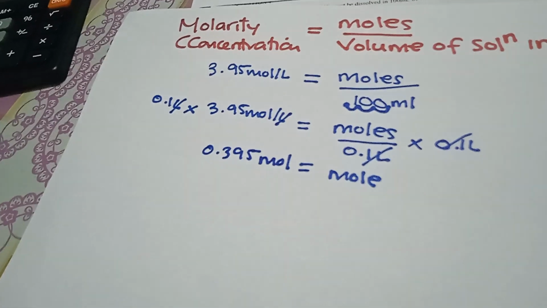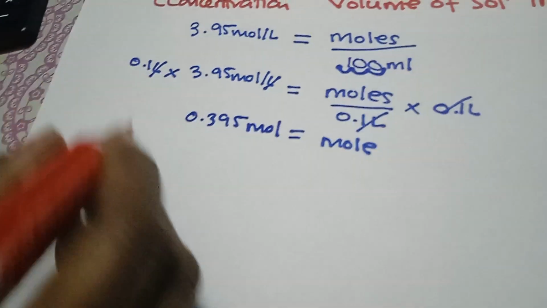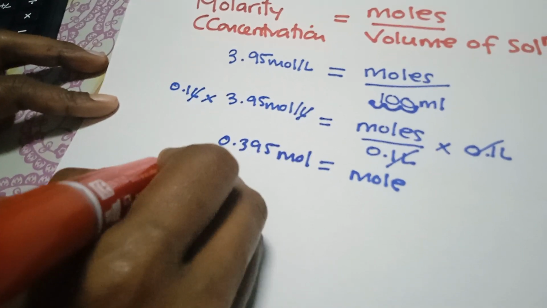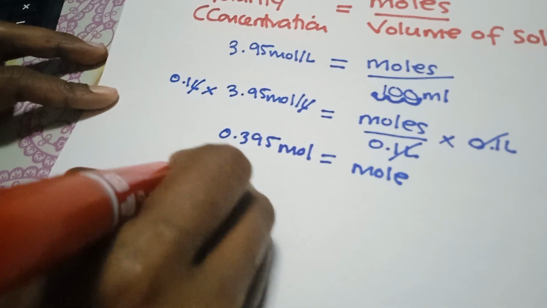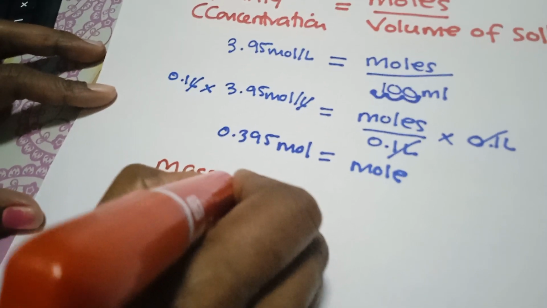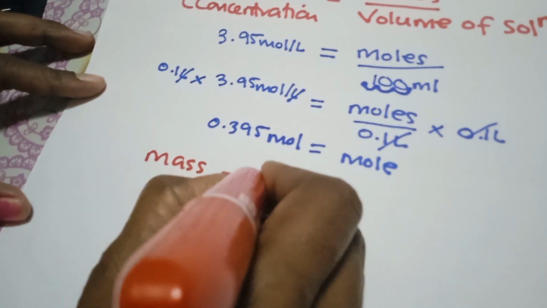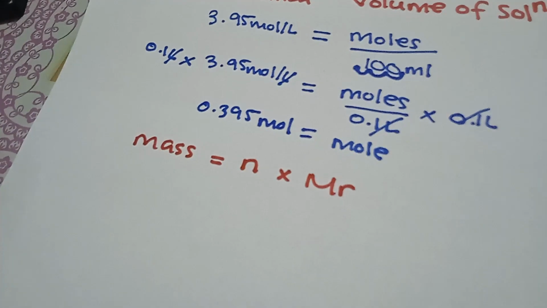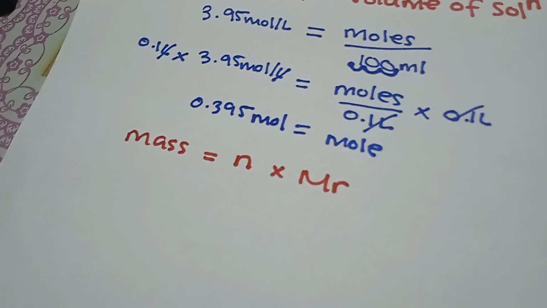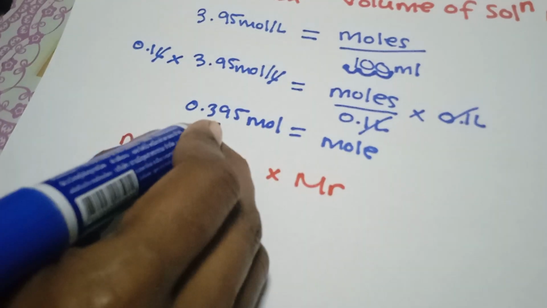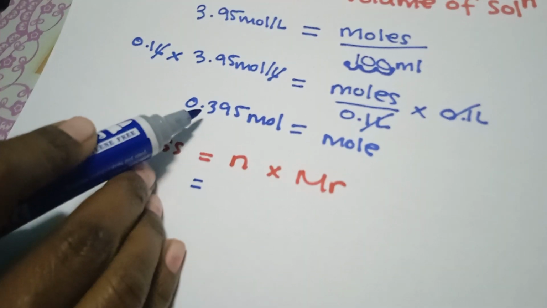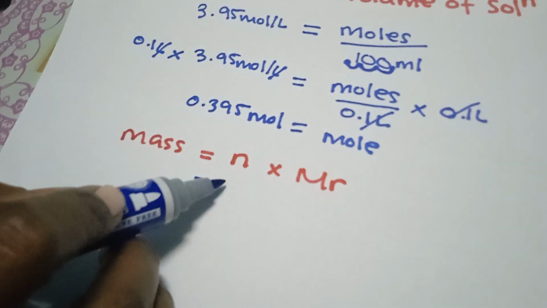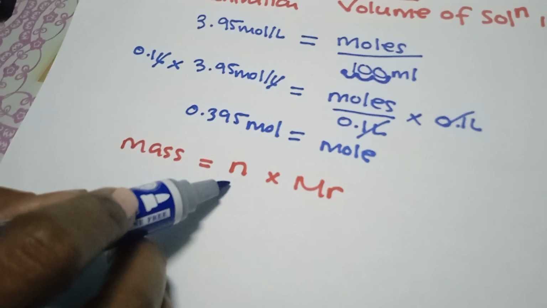The second step, we have to find the mass. So I use another formula. The mass is equals to the number of mole times the molar mass. For this one, you simply get the number of moles that you have already calculated, 0.395 mole, and then you substitute it in place of n.